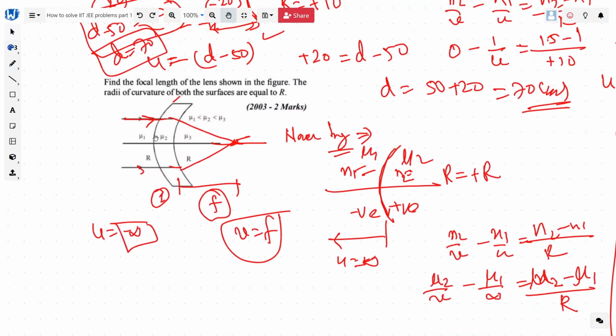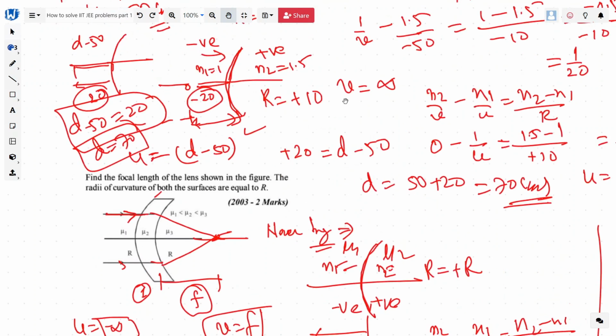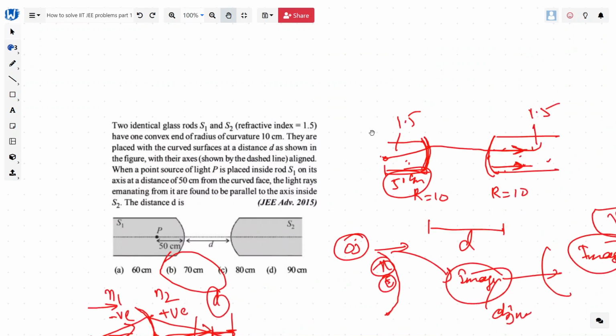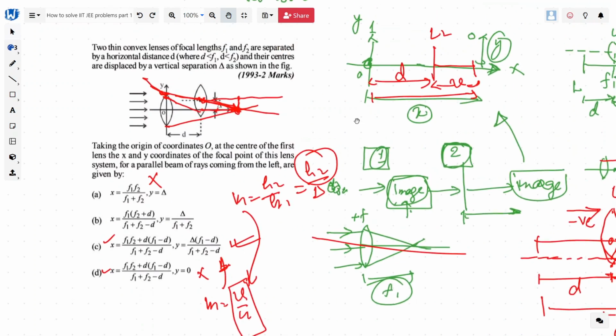Here we have two surfaces with different refractive indices, so we didn't use the standard formula. We proceeded with the basic refraction, and we were able to solve the problem. Here again we had two refracting surfaces. We used the first one, found where the image was formed, and then used that as an object for the second one to find the solution. And whenever it is parallel, you can always find the focal length and things like that.